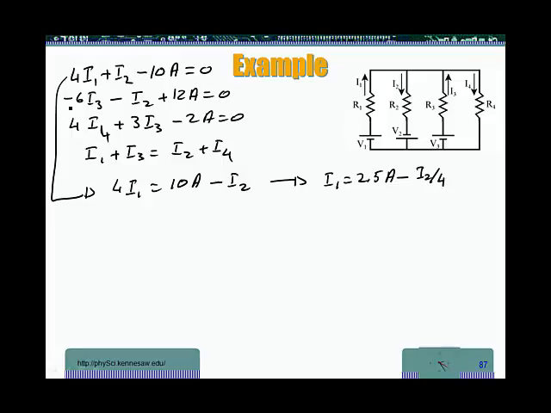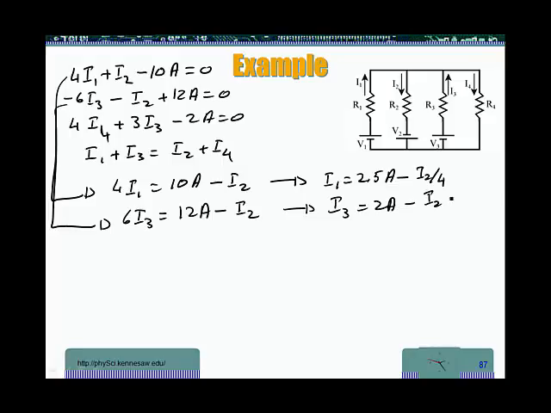Now, second equation. So I have, moving the 6I3 to the other side, 6I3 is equal to 12 amps minus I2. So I3 is equal to 2 amps minus I2 over 6.